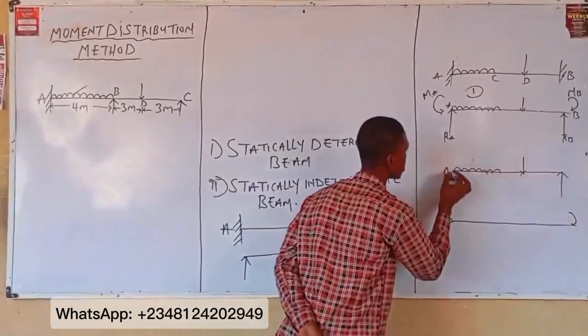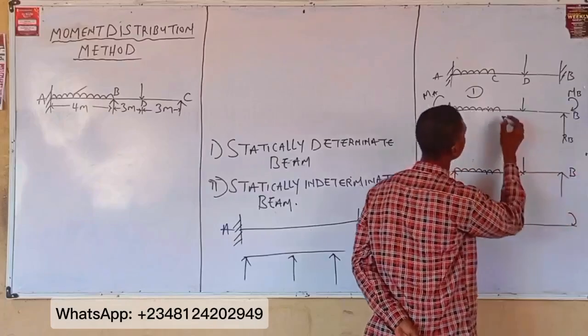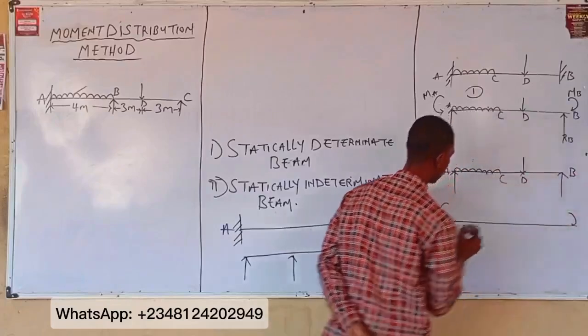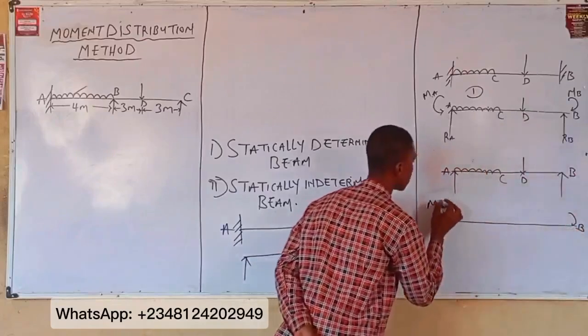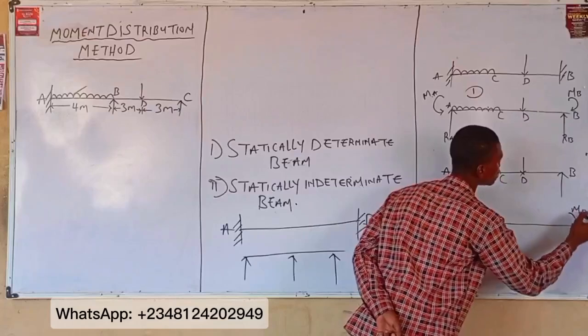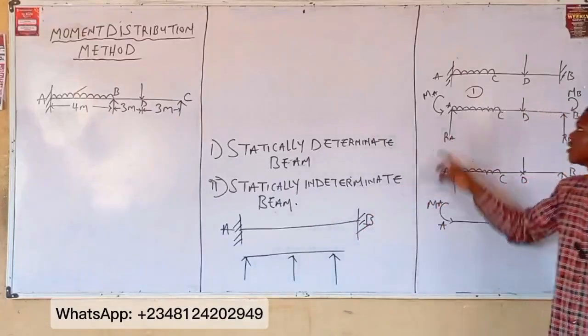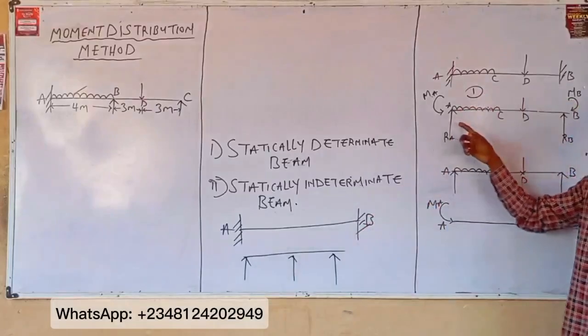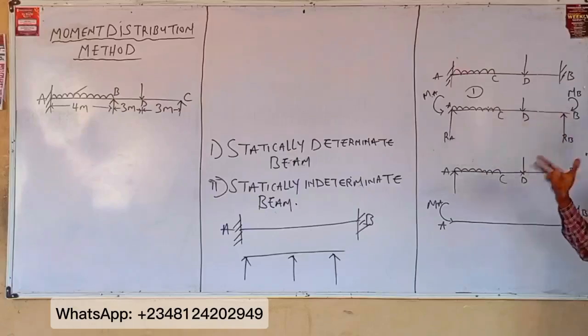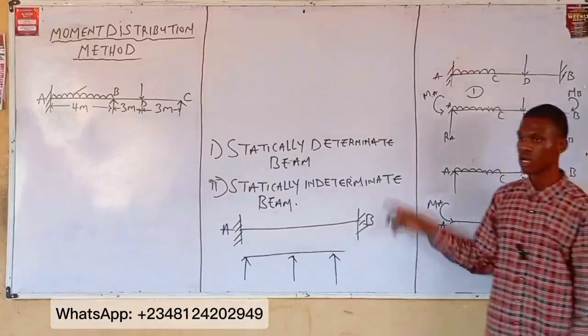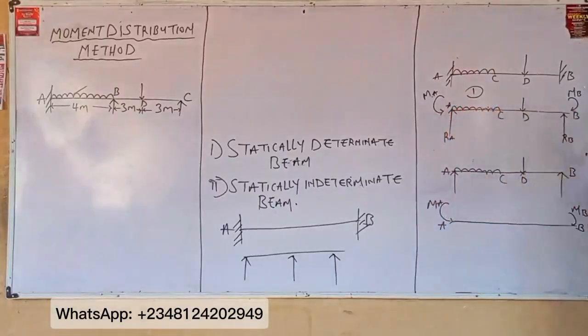This is A, this is B, and this is moment at A, moment at B. Let's say we've already calculated the unknown values. Now I want to answer the question, which is to draw the bending moment diagram. From case 1, I have two structures, my first one and my second one.